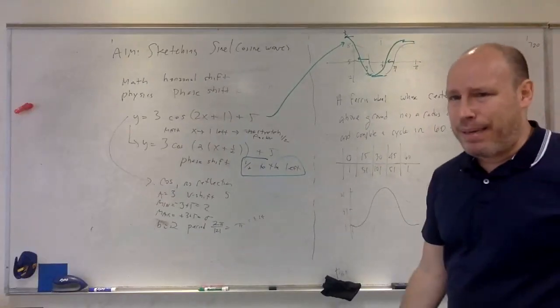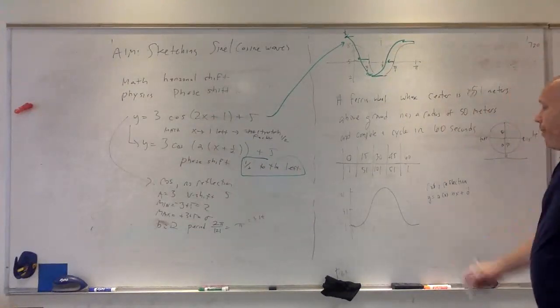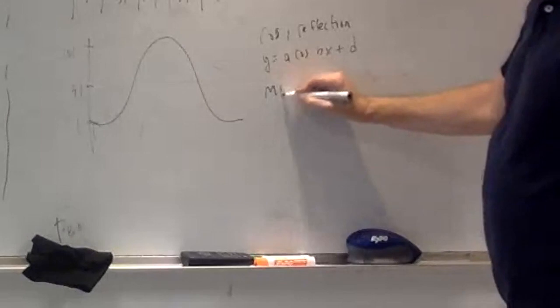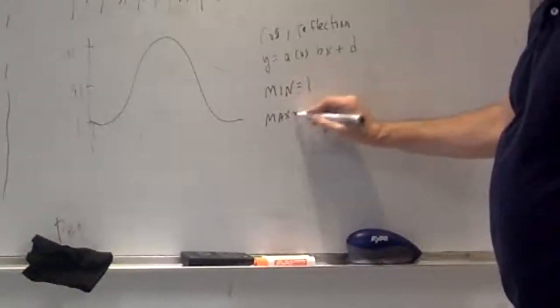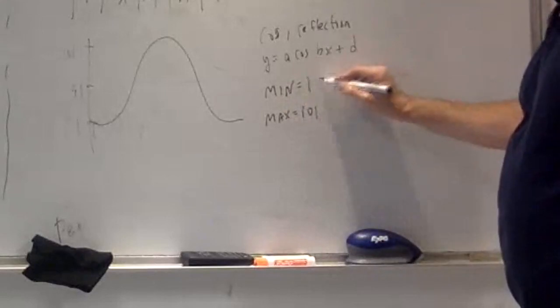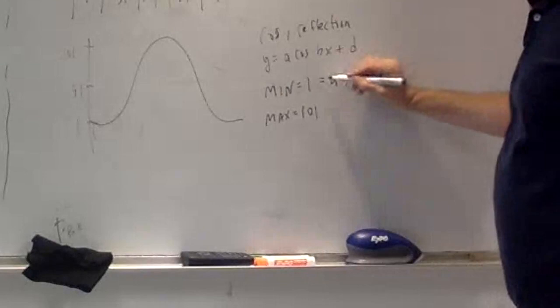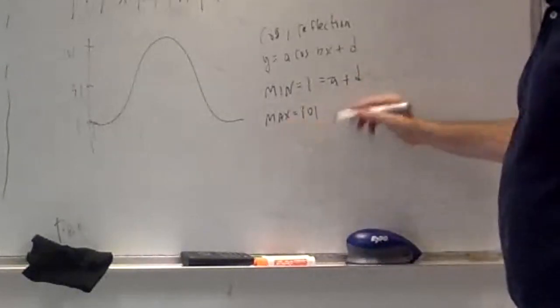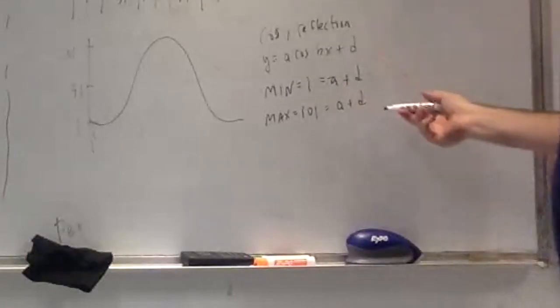So the question is, how do I figure out my a, my b, and my d? Well, let's start with the max and the min. We know that the minimum is 1, and the maximum is 101. The minimum is the negative amplitude plus the shift, and the maximum is equal to the amplitude plus the shift.